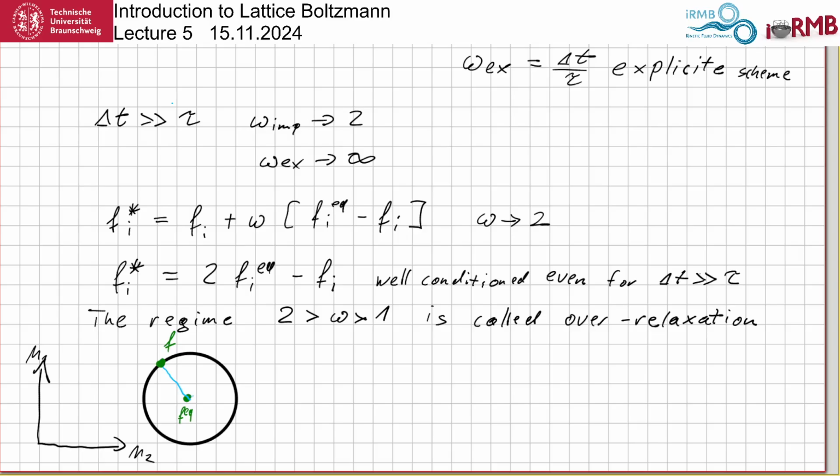And in an explicit scheme, we would usually end up with the output, the after collision state, somewhere in between the incoming state and the equilibrium. This means we are not colliding everything, but we are colliding some of it, to a certain extent. So we would go from pre-collision toward equilibrium somewhere in between, and this is called under-relaxation.